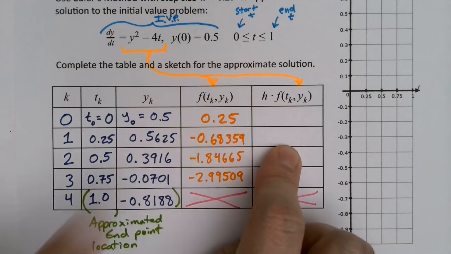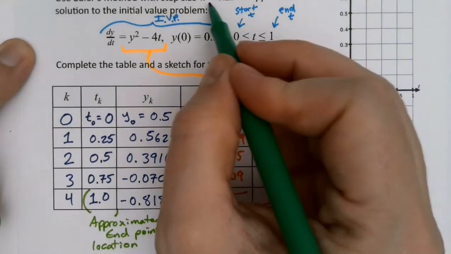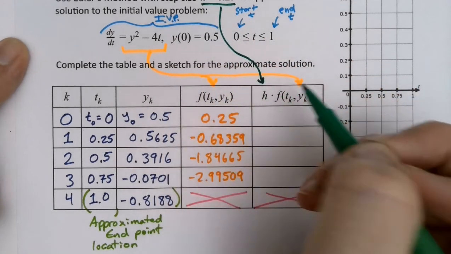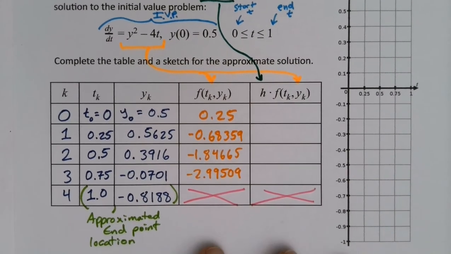You could come up with this column and then do the calculation. You could program an Excel spreadsheet to do it if you wanted to. But remember, along the way, we're using our step size right there, a step size of 0.25, to do this calculation.